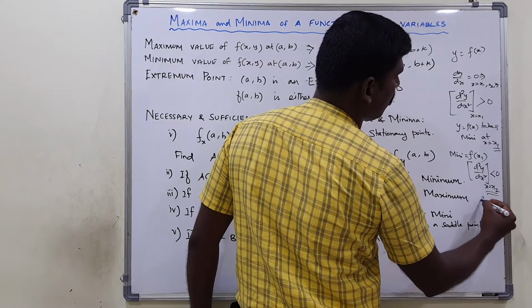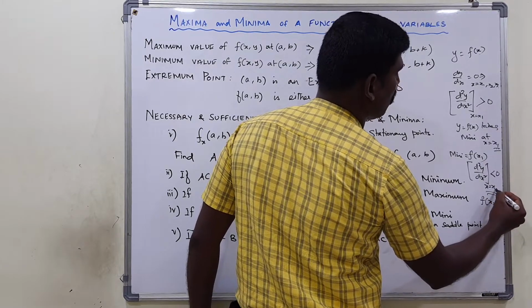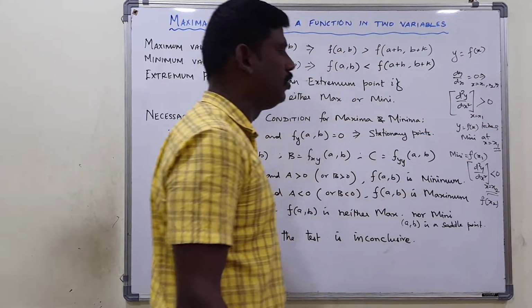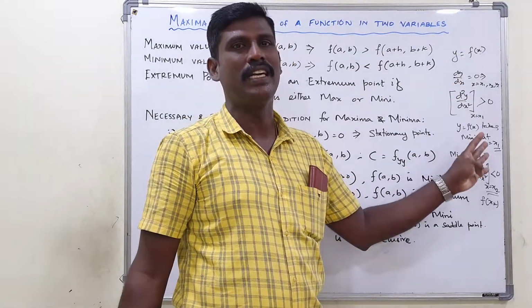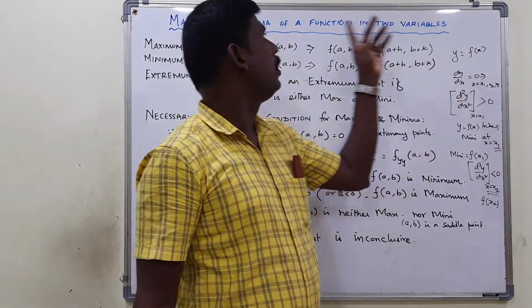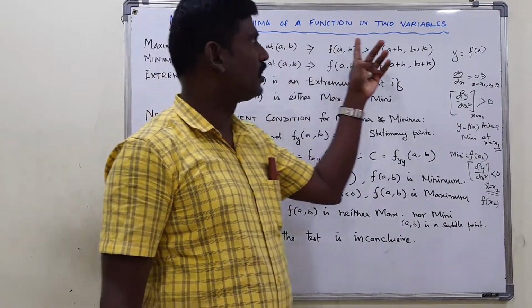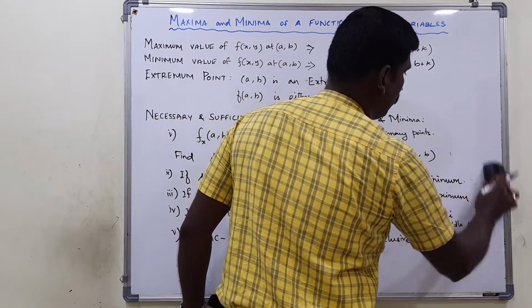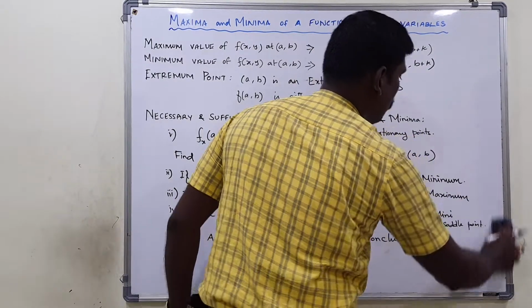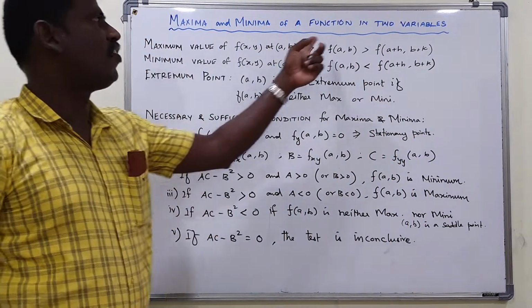Therefore, what is the maximum value? F of x2. By substituting the point x2 into the given function, you can get the maximum value. So these are all the concepts we already studied in school level, in maximum and minimum of a function in one variable.